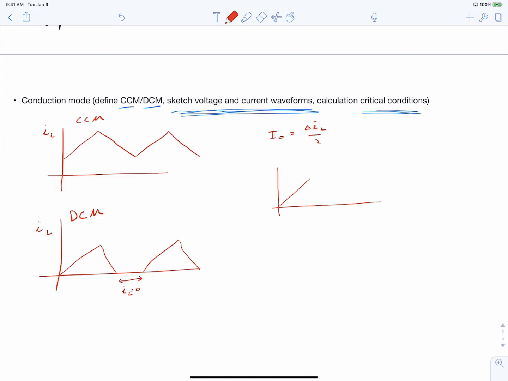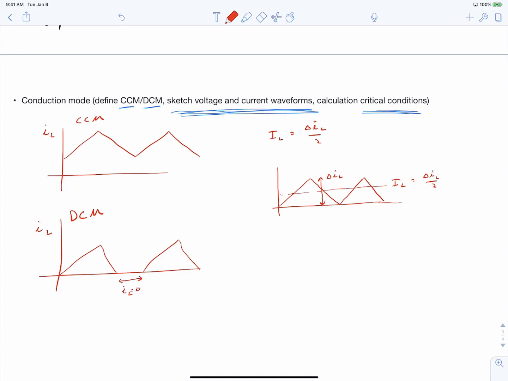That means that our inductor current rises and falls and just barely touches 0 amps for an instant of time but does not stay there. So in other words, if this is our average inductor current and this is our ripple current, that average inductor current is equal to delta I L by 2 when we are in the critical conduction condition.